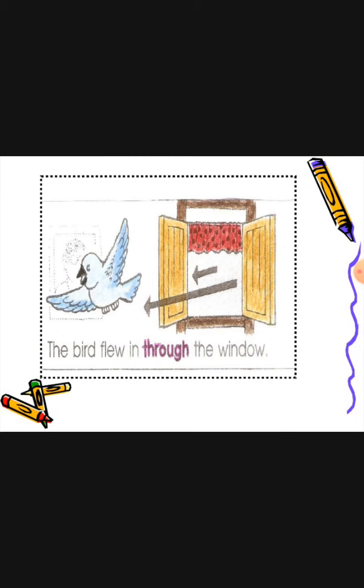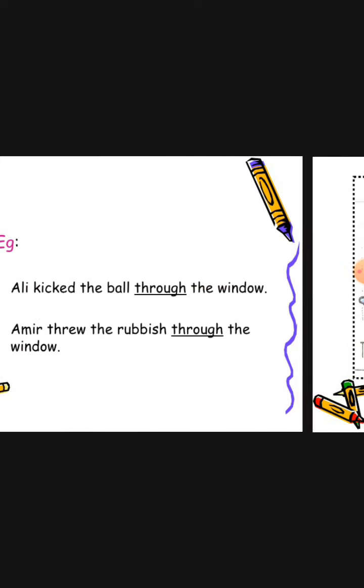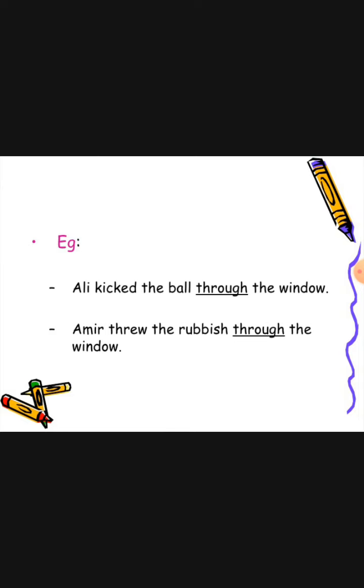The next preposition is through. The bird flew through. It means when you are coming from inside of something, then we have to use the preposition through. Let's see some more examples. Ali kicked the ball through the window. It means the ball passed from inside of the window. Go through the book. It means you need not only see the book.